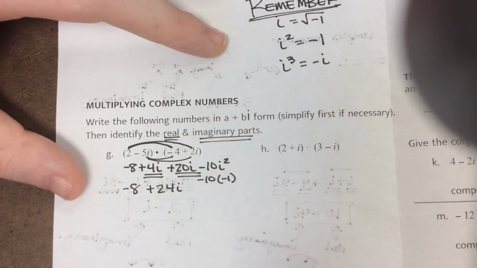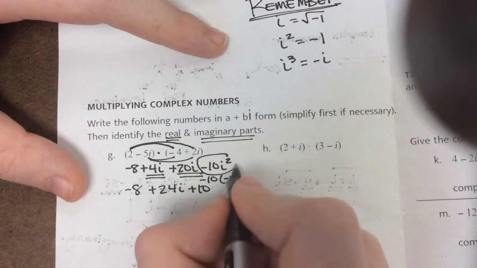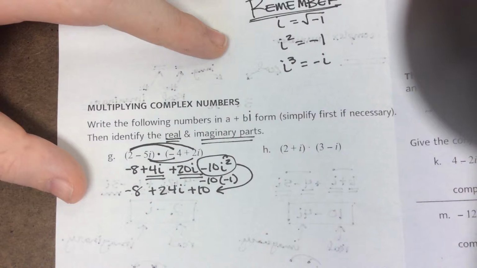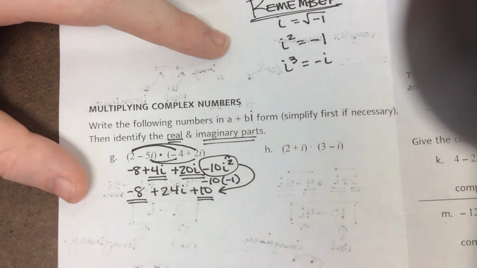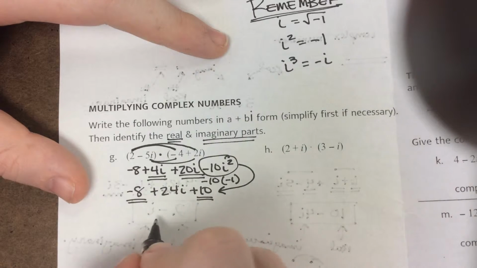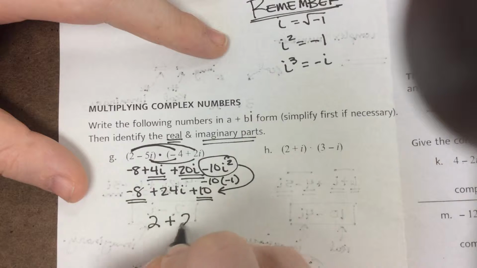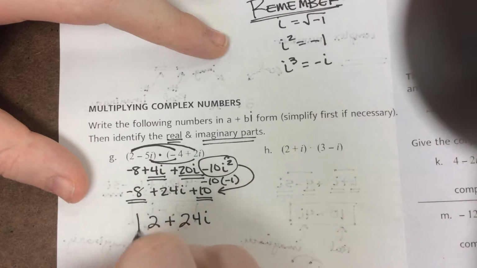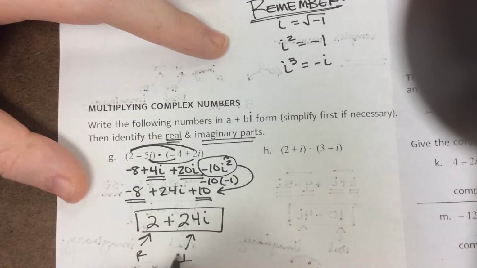What's negative 10 times negative 1? It's a positive 10. So this negative 10i squared changes to a positive 10. Now we combine the negative 8 and the positive 10, so negative 8 plus 10 is a positive 2. So our answer should be 2 plus 24i. The 2 is the real part, and the 24 is the imaginary part.